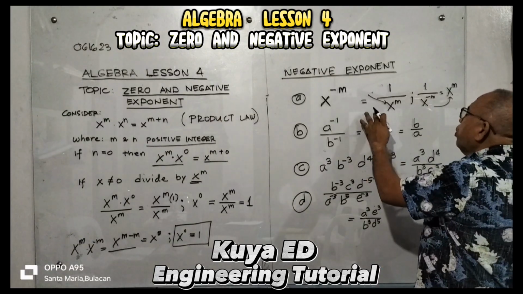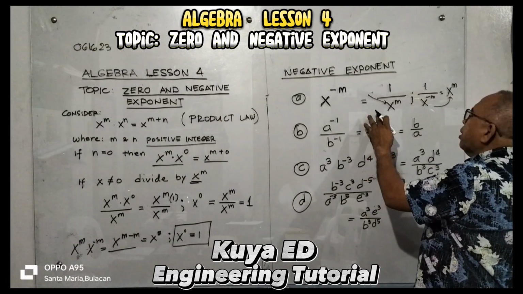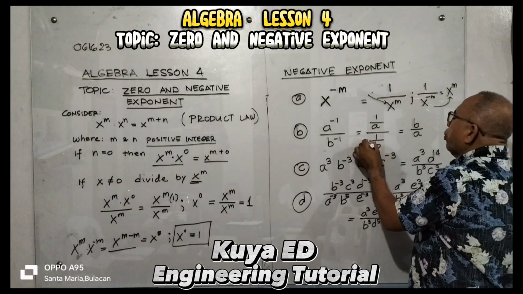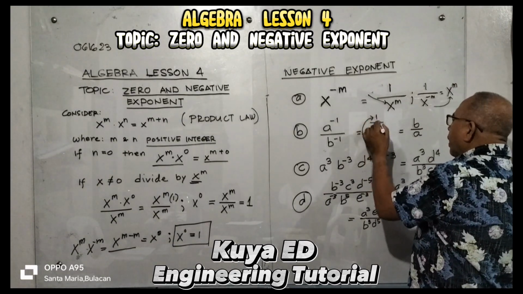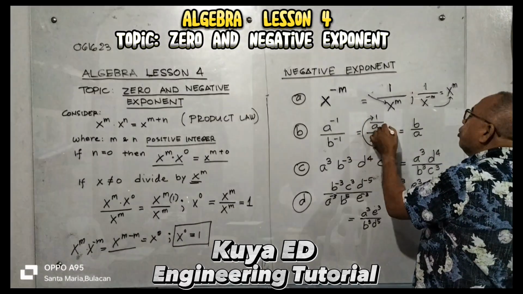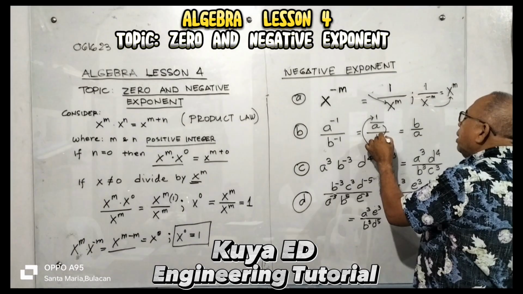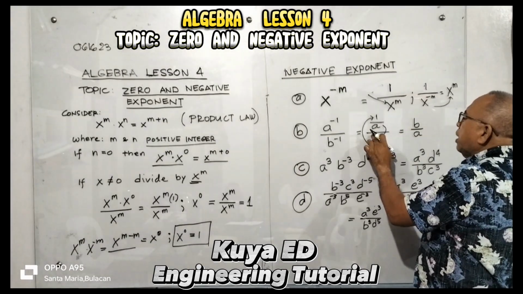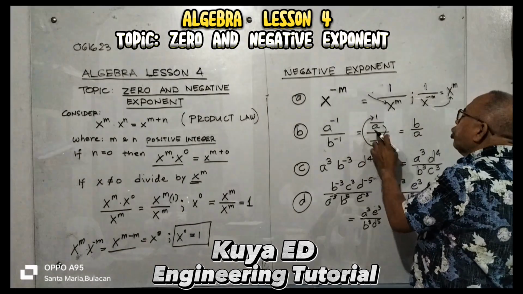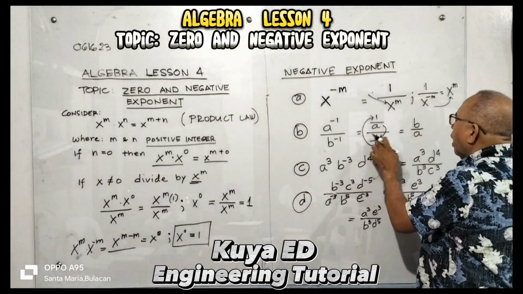So therefore, reciprocal over, or the fractional over fraction, therefore, the denominator of the denominator will go up and the denominator of the numerator will go down.